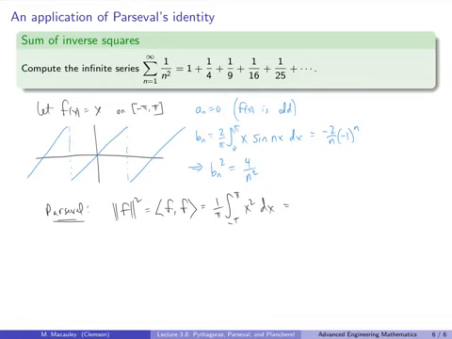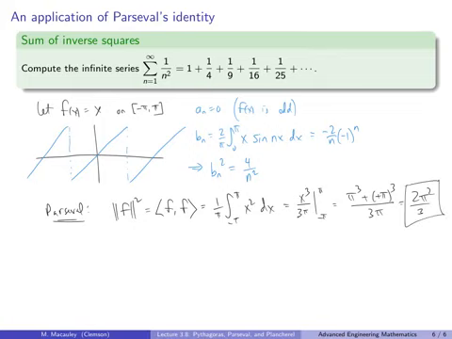Let's just quickly compute that. That's x cubed over 3 pi from negative pi to pi. And so that's pi cubed minus negative pi cubed over 3 pi. Make that plus plus. And we have 2 pi squared over 3.